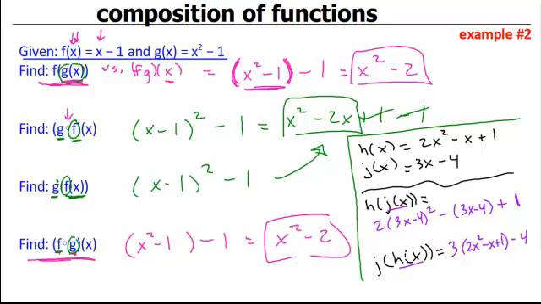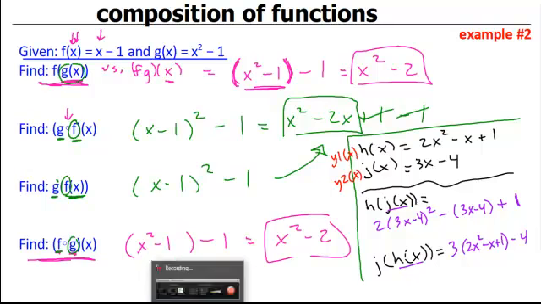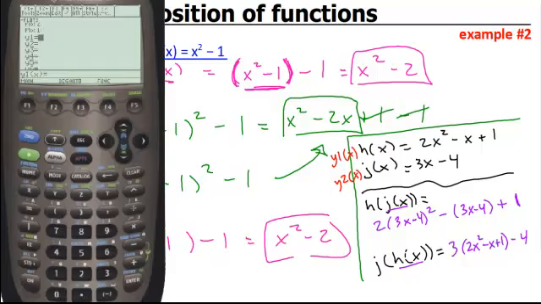Okay, when you do combination and composition of functions, you can use a calculator to do it. We use y1 here, y2 here. Again, it can be whatever, however you enter it. But if I take my y1 function and I type in 2x squared minus x plus 1, and for my y2 function, I type in 3x minus 4.